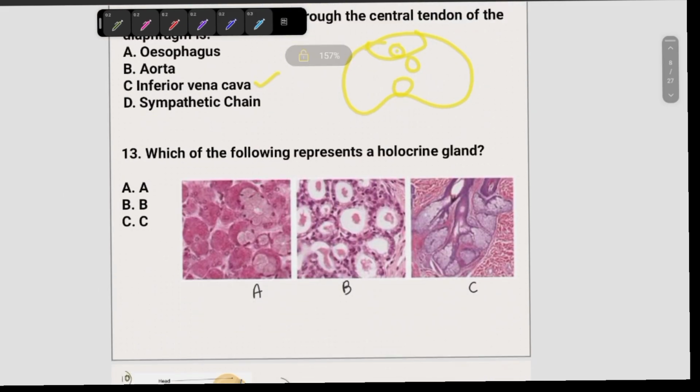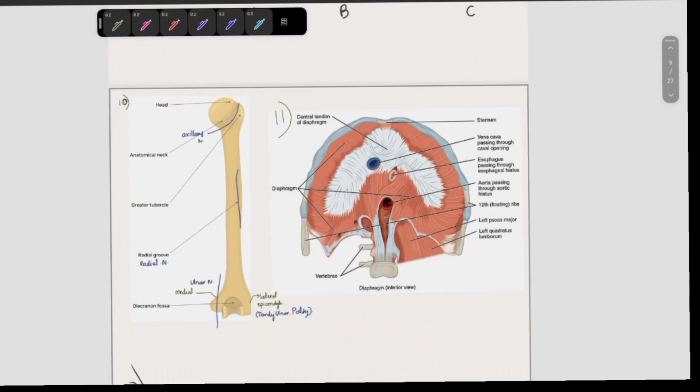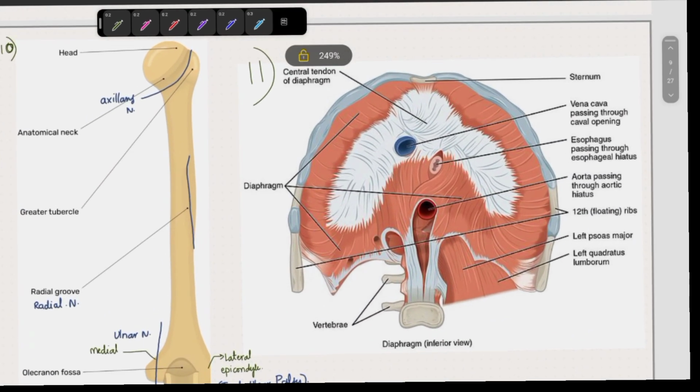Along with the inferior vena cava, the right phrenic nerve will pass. See, this white part is the central tendon. Here the inferior vena cava opening is there, at the level of T8. Along with the inferior vena cava, the right phrenic nerve also passes.